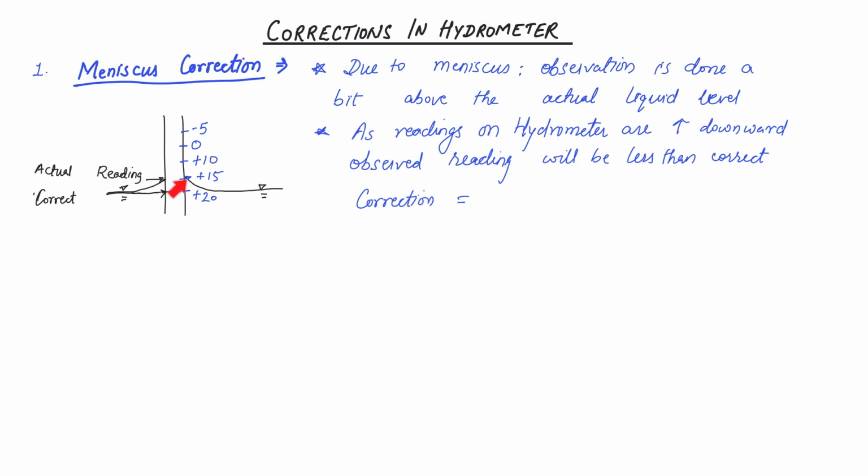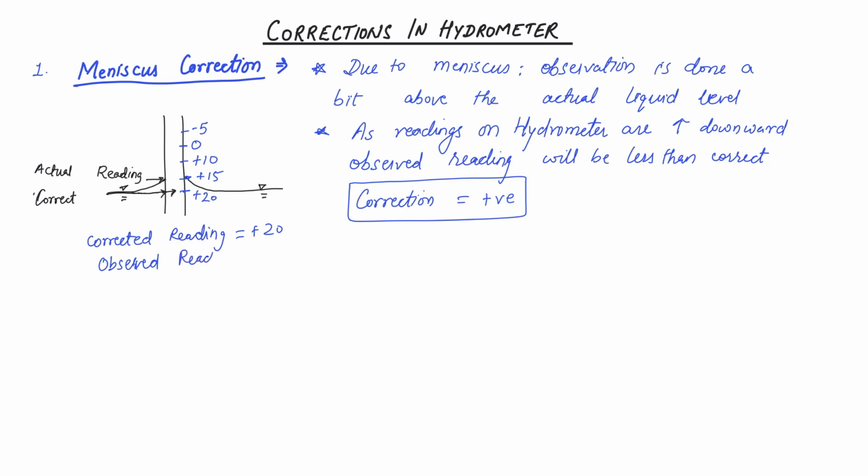Obviously, as the observed reading is +15, to get the correct value of +20 you have to add the correction. So here you can see that the correction should be positive. Yes or no? So in this example, the corrected reading should be +20, and the observed reading is +15. That is why I said that in the observed reading you have to add the correction due to meniscus, and this correction is 5 for this particular example.